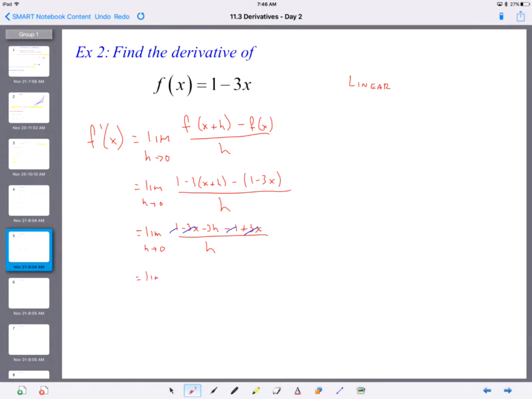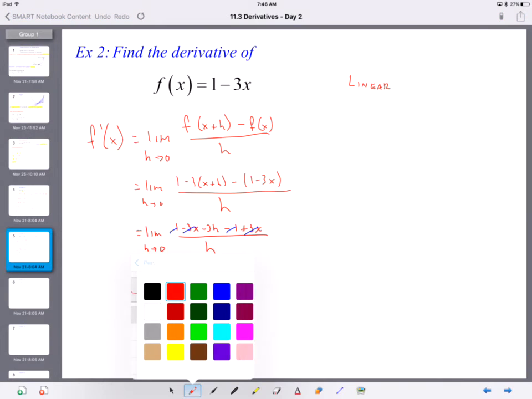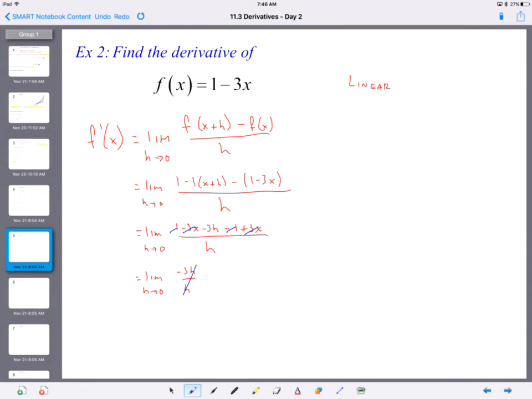And now we have the limit as h approaches 0 of negative 3h over h, and then one more time, now you see the h's cancel. And so you can see that we're left with something very similar to the first time. The limit as h approaches 0 of negative 3 is equal to negative 3, so the derivative of the function is negative 3. And that's how you find the derivative of a linear function.